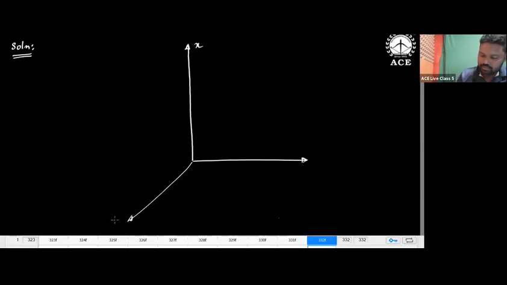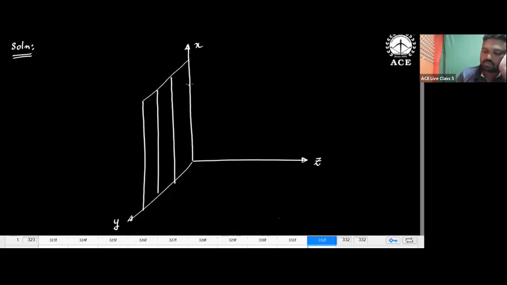Here it is x-axis, here it is y-axis, here it is z-axis. This is media interface, z is equal to 0, the xy plane. Here surface current is equal to 0. That is what is mentioned in the question.